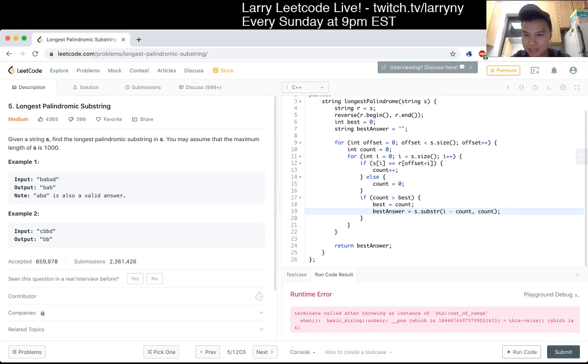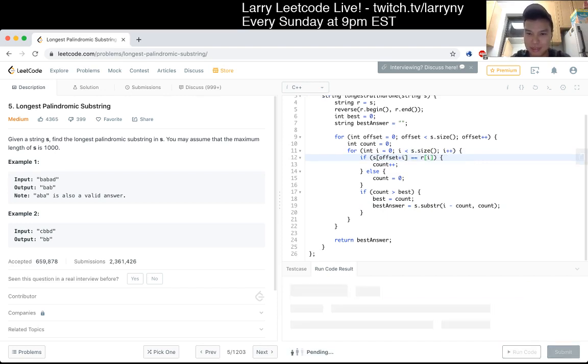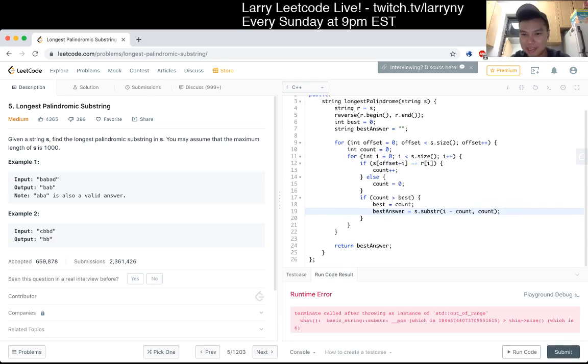Oh, yeah. Minus offset. Maybe this is better actually. I think it should be the same thing? Oh, well, maybe not.